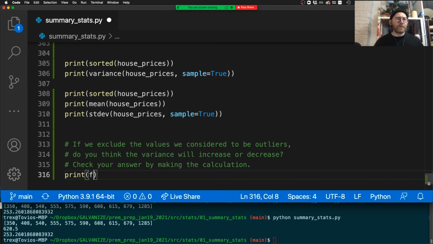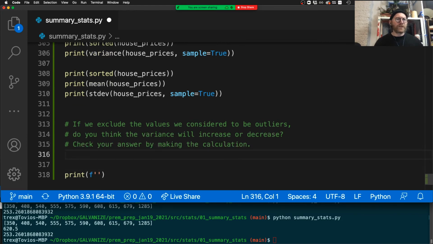Let's print the mean of this without, here, why don't I do this? I'm going to get the house prices without outliers. I'll call it house prices no outliers, and we can just remove outliers from house prices.